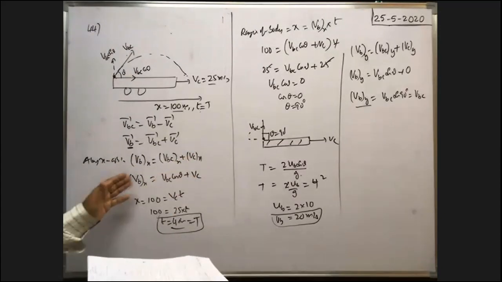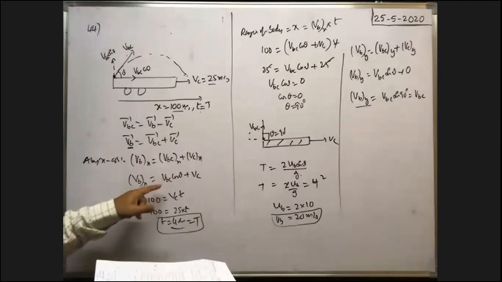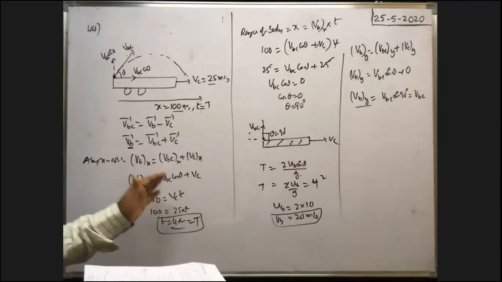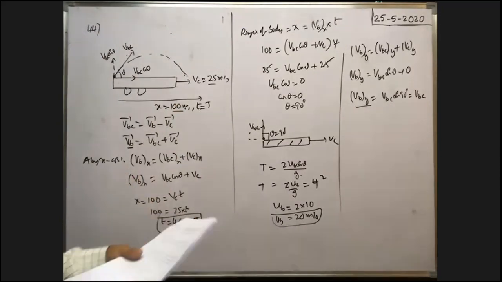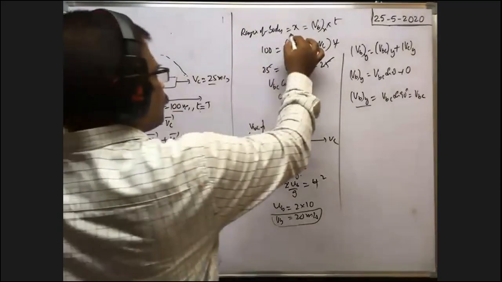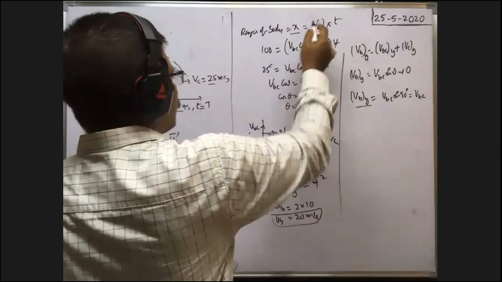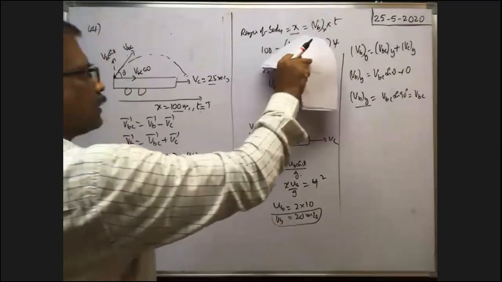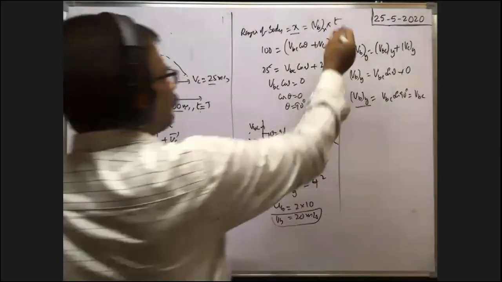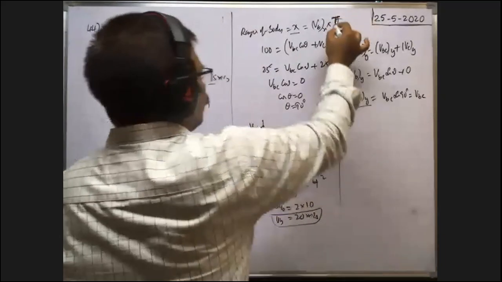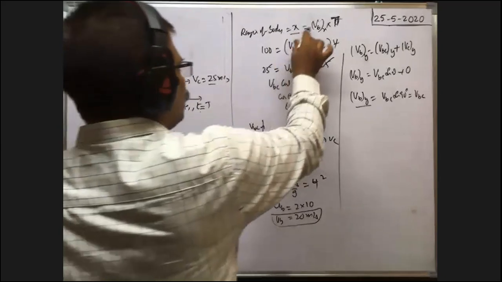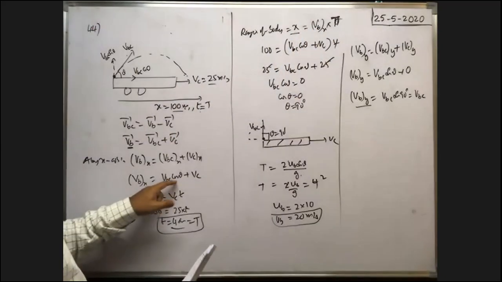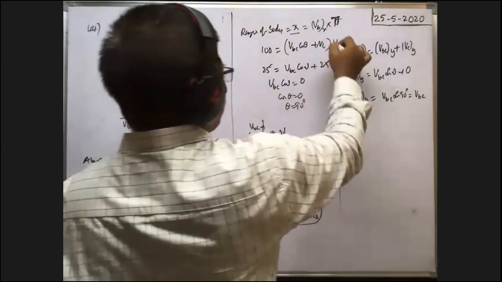Okay, so here the body moves with this velocity along the horizontal direction in a time of 4 seconds, the time of flight. What is the horizontal distance traveled? So range equals horizontal distance traveled, which is equal to the velocity of the body along the x-axis times the time taken, or time of flight. Therefore, 100 is equal to vbx, that is vbc cos theta plus vc, times the time taken, 4 seconds.